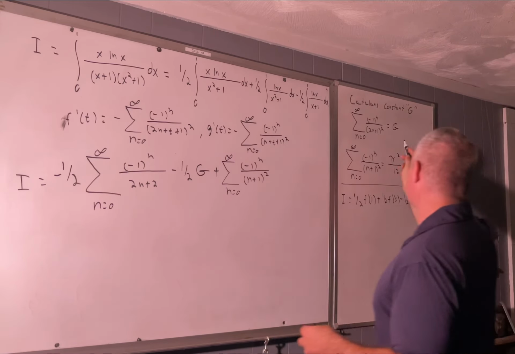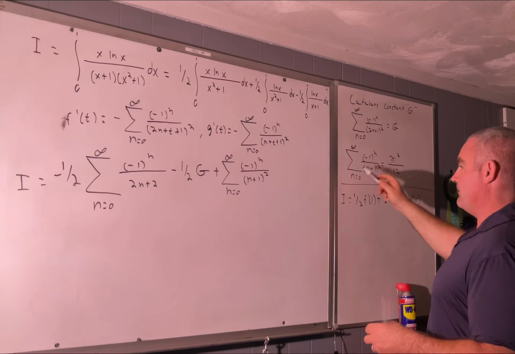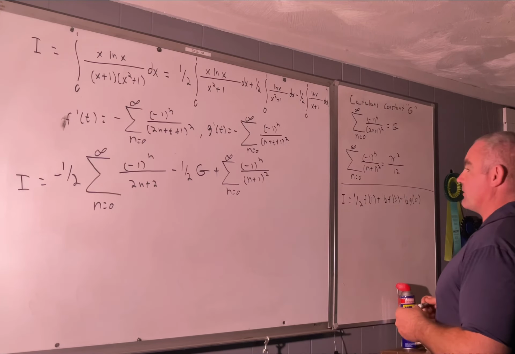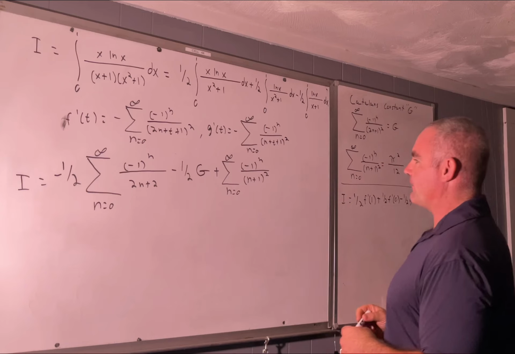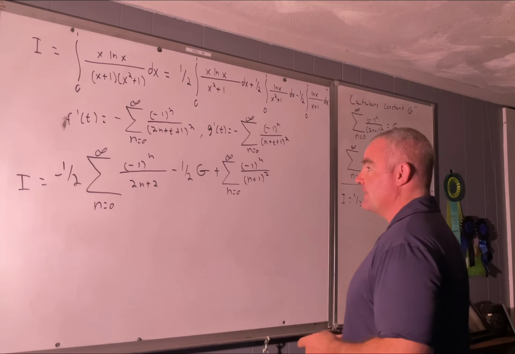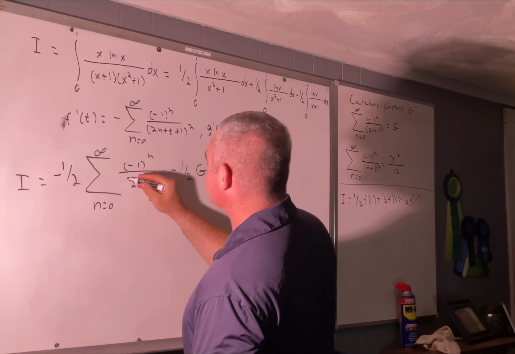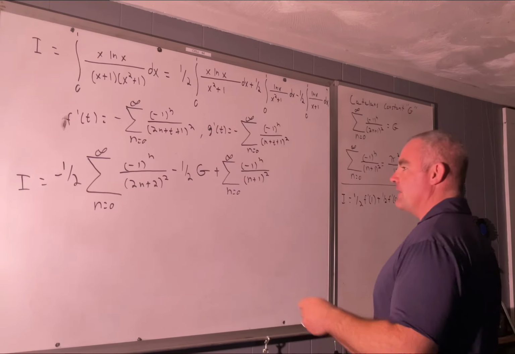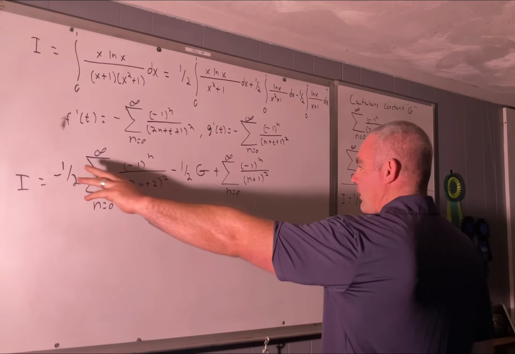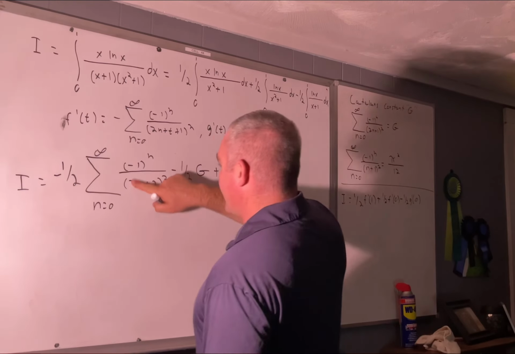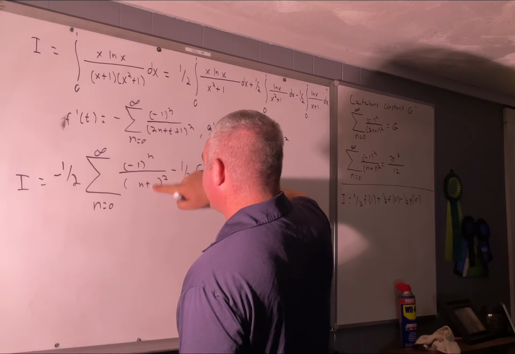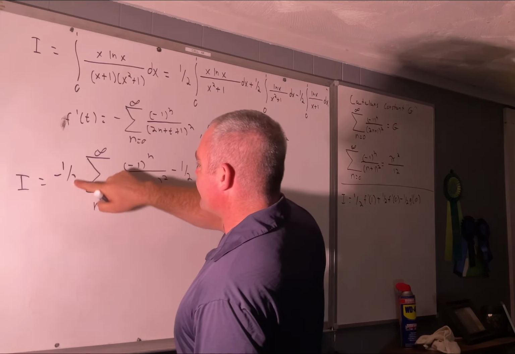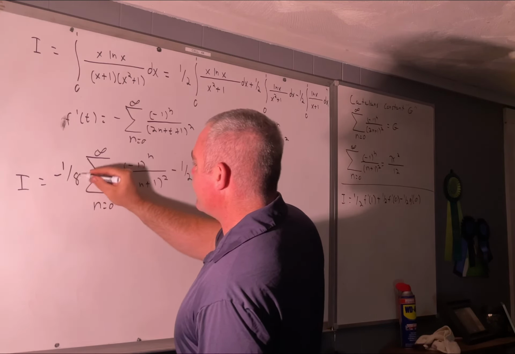Now you'll recognize that this exactly matches this, which is pi squared over 12. But we won't take care of that just yet because I forgot this squared here. My apologies. Okay, we can factor out a 1/4 by making this an n plus 1, and then this will become minus 1/8.